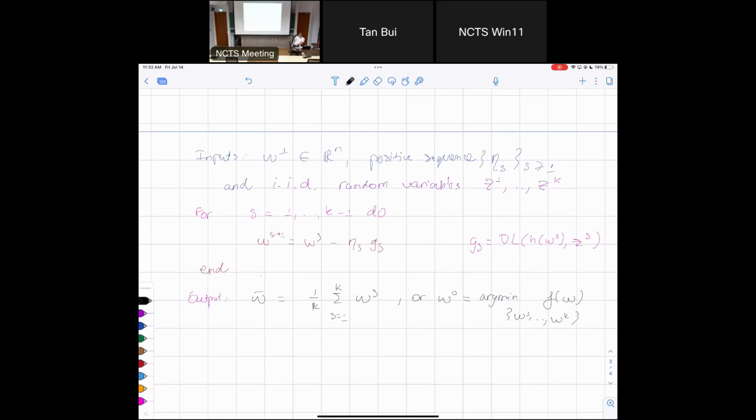But typically the first is the output of stochastic gradient descent. It's interesting: unlike the gradient descent that we did before, the output of stochastic gradient descent is the average of all the iterations that we did. Okay, that's what we assume.